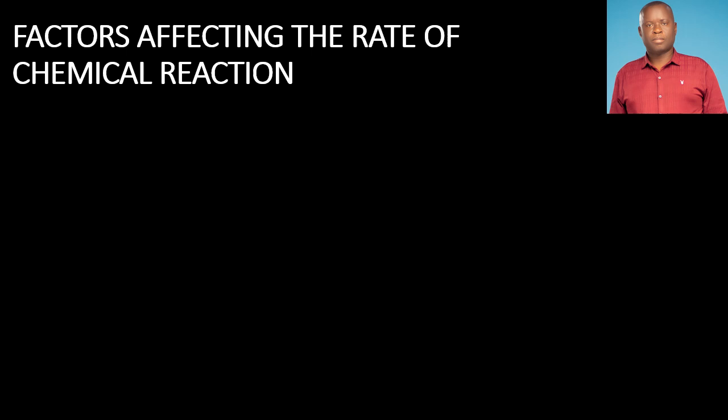All right? So what are the factors that affect the rate of chemical reaction? In other words, what should happen to the reacting quantities to make sure that they successfully collide and produce a chemical reaction? Remember that a chemical reaction is a result of successful collision of the reactants.